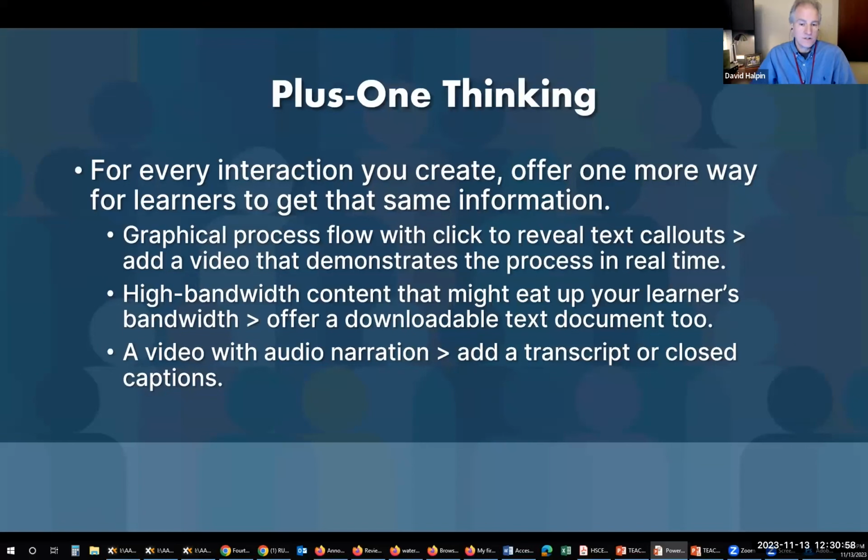Now, Vianne touched on this idea of +1 thinking, and this is a component of universal design for learning, which is an educational framework that attempts to reduce barriers to learning and maximize accessibility for the widest range of learners. And it says, for every interaction that you create, offer another way for learners to get the same information. And here are some examples.